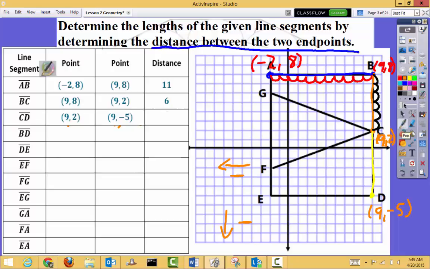And now, how far away is it? Well, it is 1, 2, 3, 4, 5, 6, 7. Check our answer. Okay, I want you guys to finish filling out the points. Don't finish the distance yet. Finish the points.